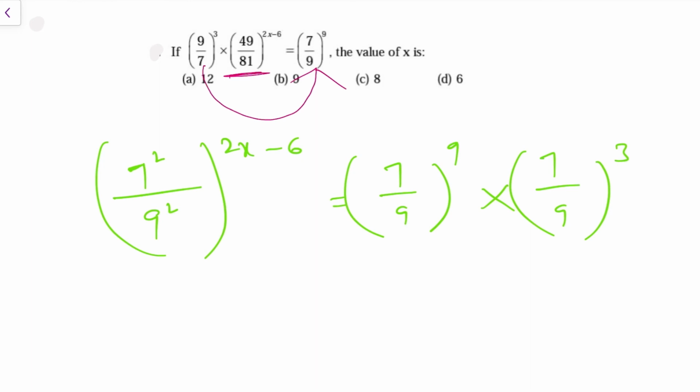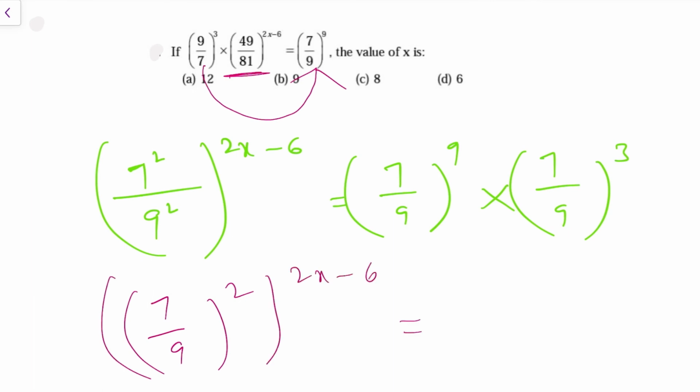Now here 2 is there, here 2 is there, so that square is applicable for numerator as well as denominator, so I can write it as (7 by 9) whole power 2, as well as whole power 2x minus 6 is equal to (7 by 9) whole power 9, (7 by 9) whole power 3. Both the bases are same, so if the bases are same we can add the powers. So if I add the powers, 7 by 9 power, here it is 9, here it is plus 3, 9 plus 3 is 12.